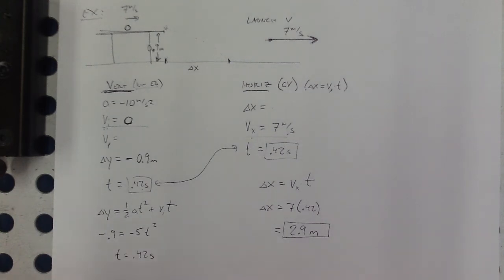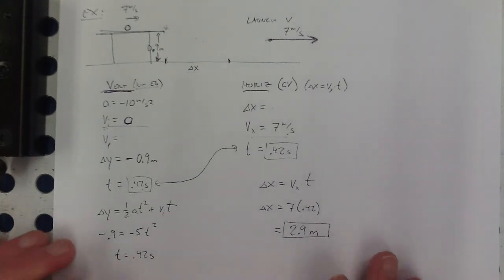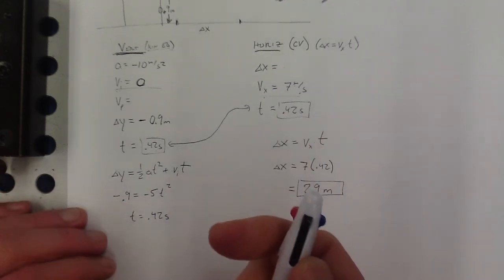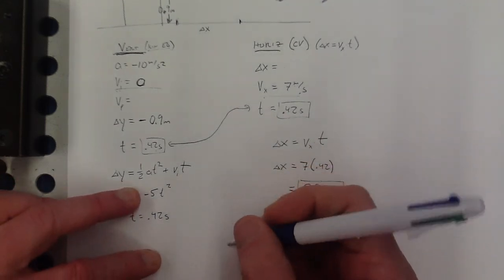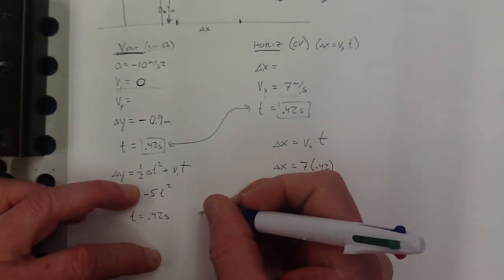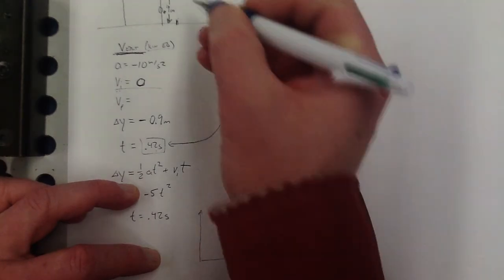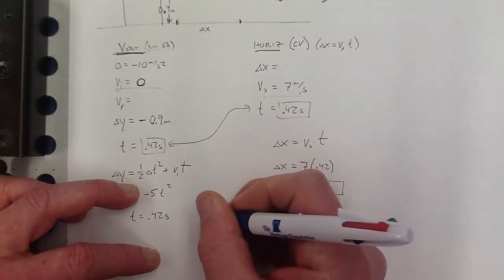I think that is all you need to know. One more thing that I could do here is, if we were going to make a motion map of this, you'd have to make a two-dimensional motion map, starting when the ball was right there at the edge of the table.